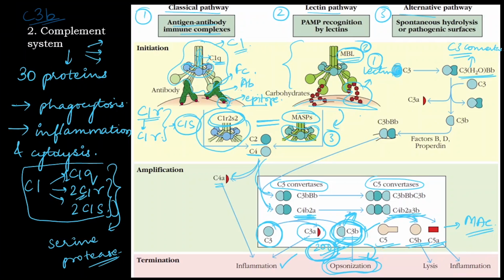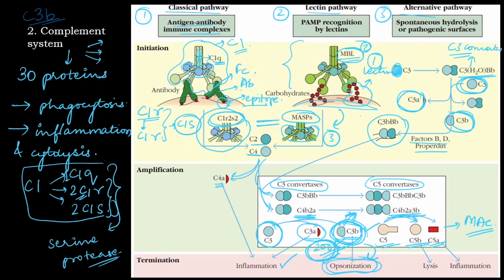The function of C3 convertase is to convert the inactive C3 into C3a and C3b. This is the C3b molecule. Again, factor B, D and properdin will bind and form this complex C3b, Bb, and this will act as a C3 convertase.